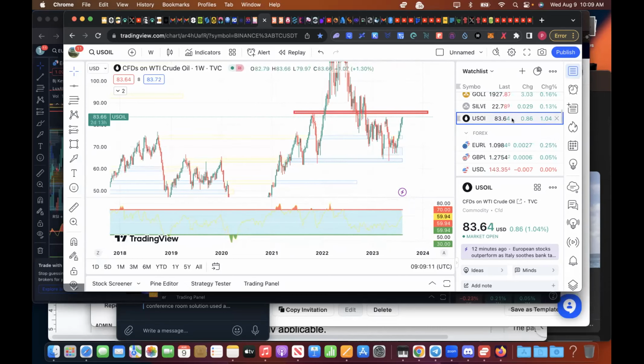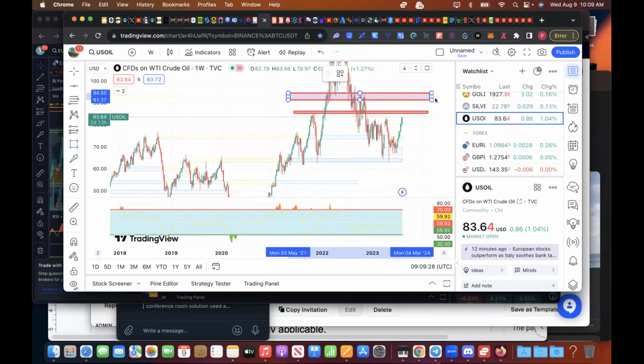So just understand that. I told us that my first target on oil was $93. Many of you remember? It was 90 to 92, $93. Okay, let me use a rectangle so you can see it better. This is the oil zone.